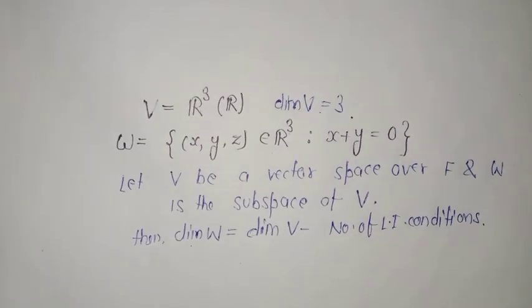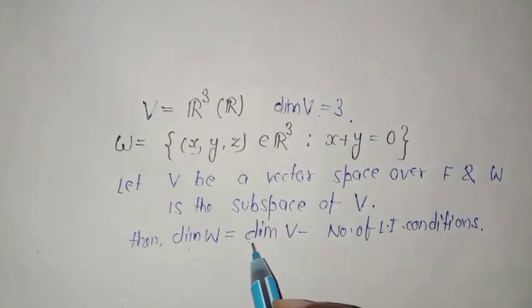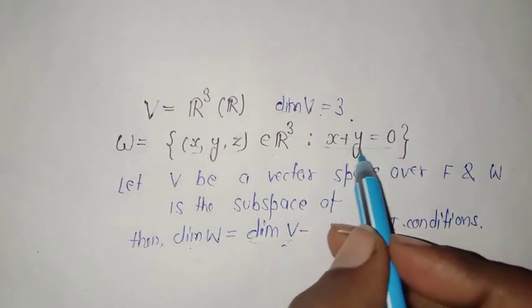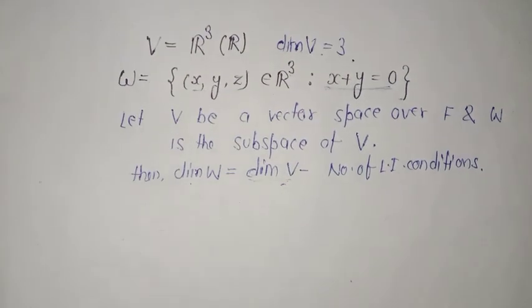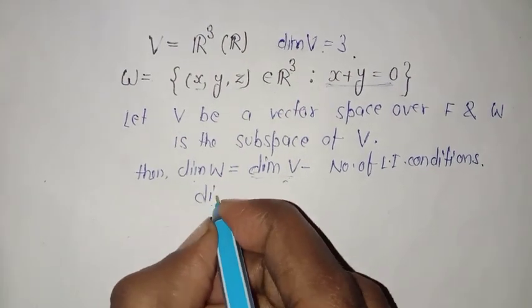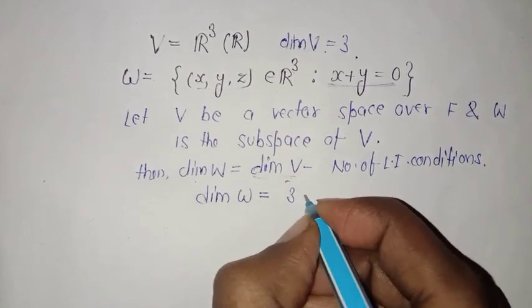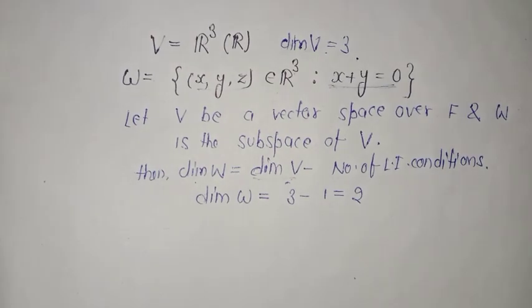So if you see this, there are 3 variables. The dimension of V is 3, and the number of linearly independent conditions in this vector subspace is 1. So the dimension for this vector subspace becomes 3 minus 1, that is 2. That is, the dimension of W is 2.